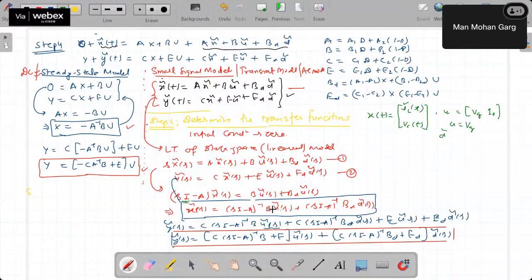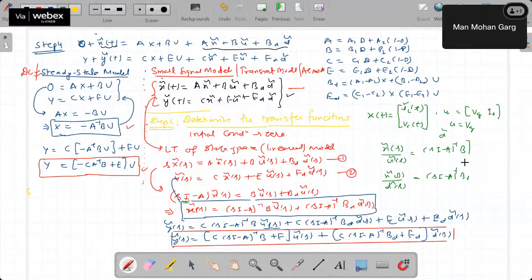If you want to see the effect of the variable U on X of s, then you write X of s over U of s, and you will get sI minus A inverse B. Similarly, if you want X of s with respect to variation in D of s, then you will get sI minus A inverse BD, right?